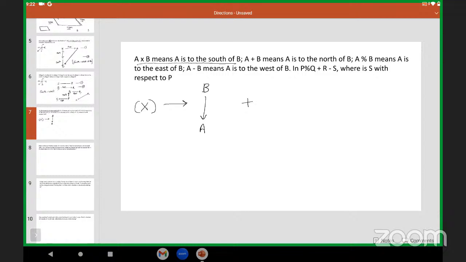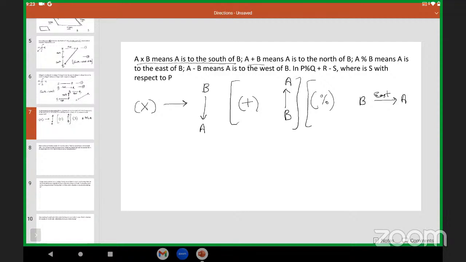Plus here means A is to the north of B. If B is over here, this will be north. And percent is nothing but A is to the east of B. If this is B, this is east, this is A. Finally, A minus B means A is to the west of B. If this is B, towards the west will be A.